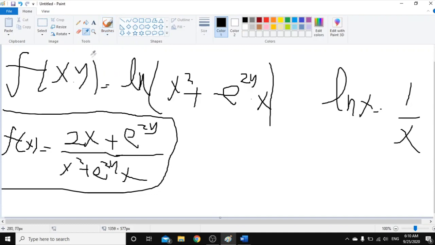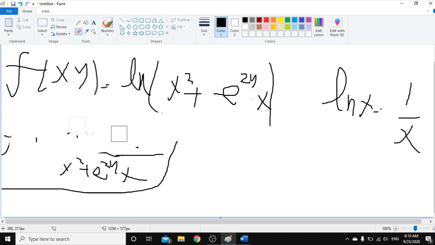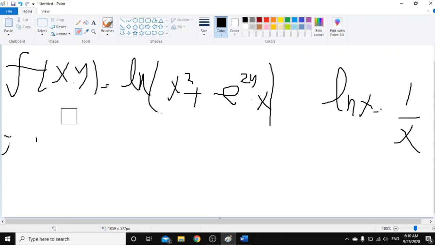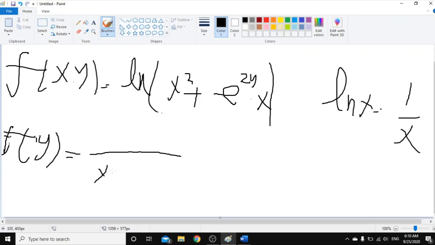Let's take the partial derivative with respect to y right now. The partial derivative with respect to y is, here let's write the normal equation below, 2y times x. X squared here is 0 because we're dealing with respect to y, not with x. So we can write here 0, or you don't have to write it, that's fine. 0 plus here e to the 2y.